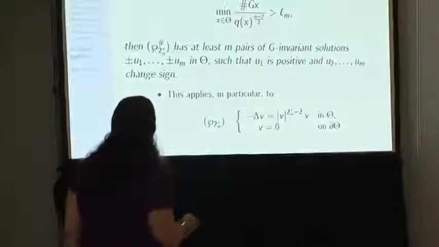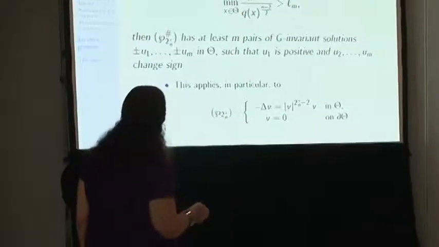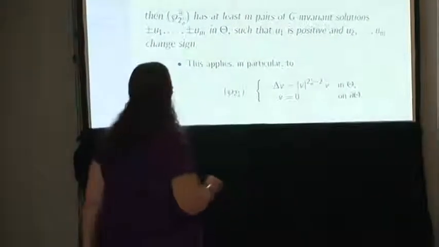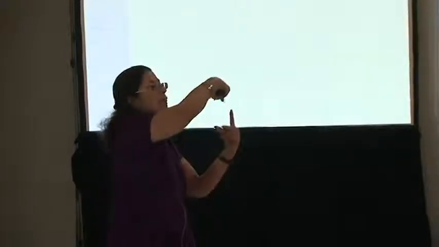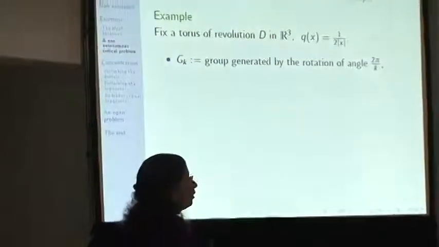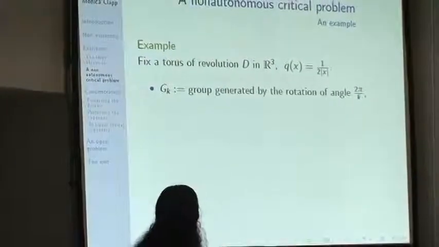Okay, so let me give you an example, because I think one understands these things better with an example. Say we fix a torus of revolution around the z-axis, and we take Q, the function that comes from the Hopf fibration.